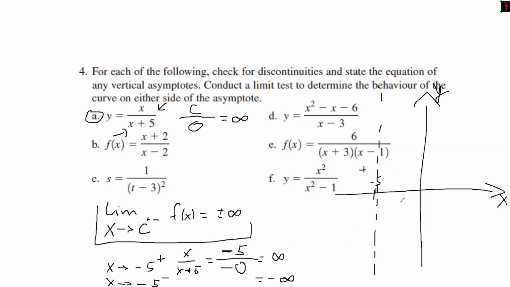So from the right-hand side, our graph would look like this, right? And from the left-hand side, it would look like this. Is it clear? So what would be the equation of the vertical asymptote for example A?